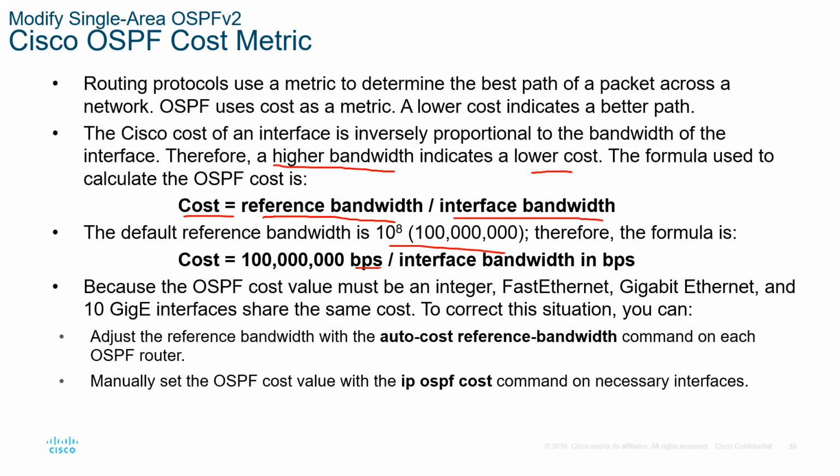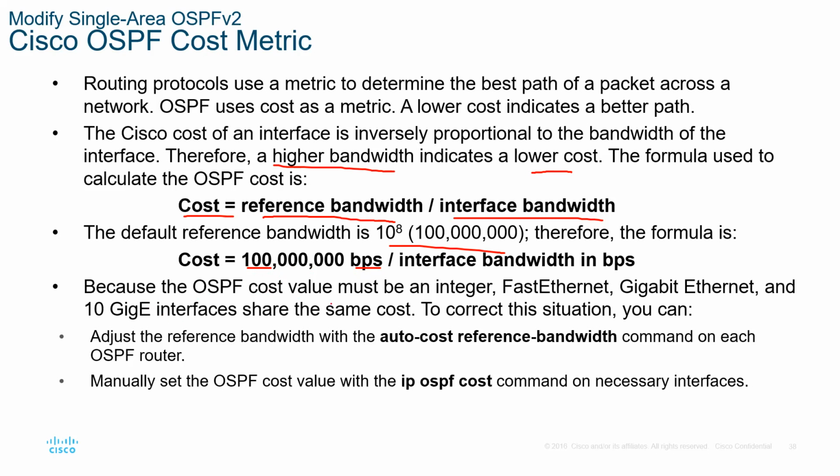So this is 100 million bits per second, which means 100,000 kilobits per second, which is 1 gig.